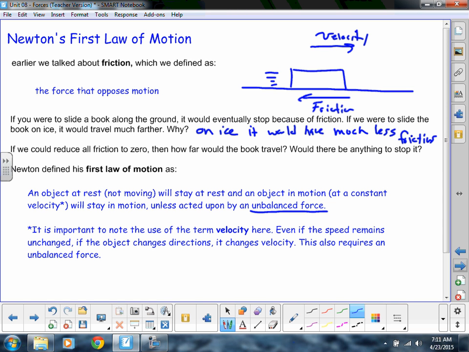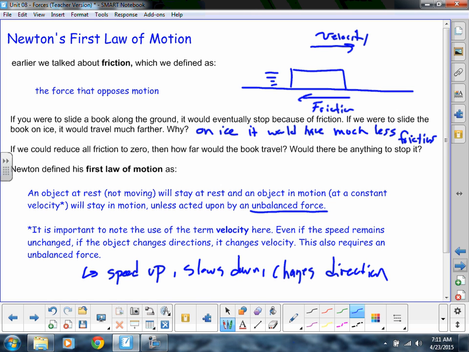You can speed it up, slow it down, or change its direction. This also requires an unbalanced force. Anytime something speeds up or slows down or changes direction, we have an unbalanced force acting on it.